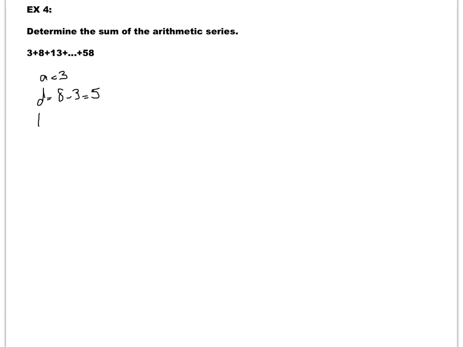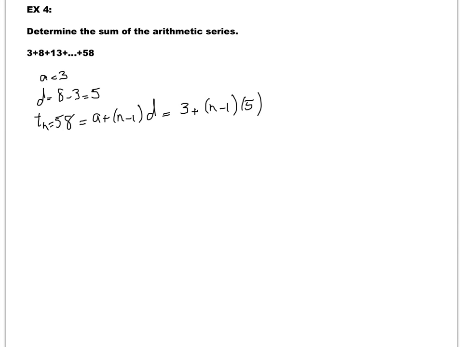And the last term, Tn, is 58. But we don't know how many terms we have. But we know the formula for Tn is the first term, a, plus n minus 1 times d, because this is arithmetic. But we know a is 3, n minus 1 times d, d is 5.